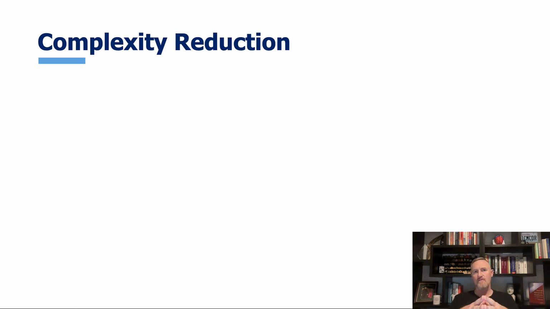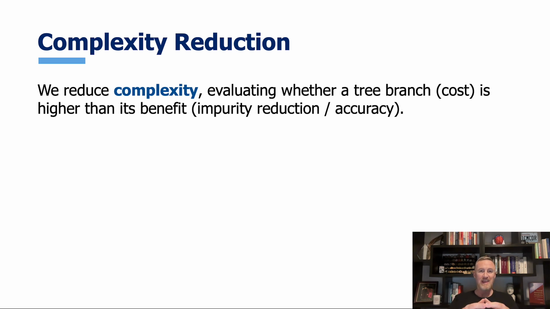We've now done this hyperparameter tuning, and the next thing we want to do is complexity reduction. We do complexity reduction again, to evaluate whether a tree branch is more expensive than its benefit in accuracy. And what do I mean by cost?